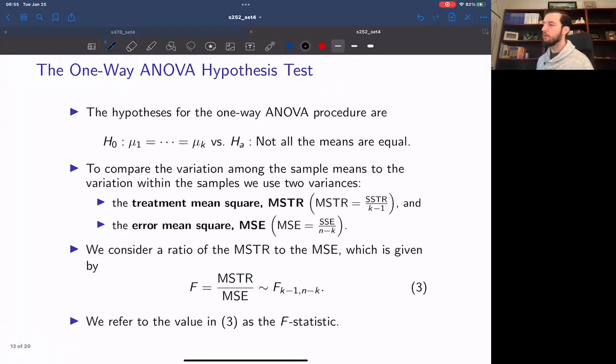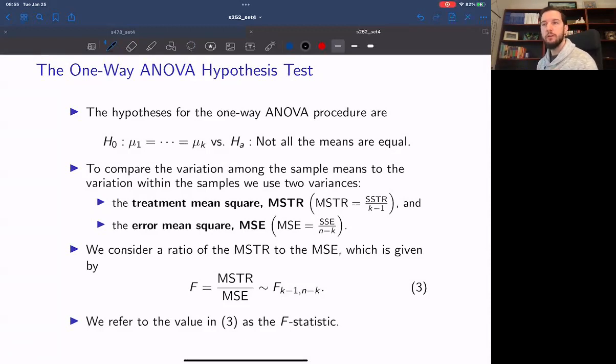Okay, so we're going to look at the setup for the hypothesis test now. The one-way ANOVA asks, is there evidence of a difference among the population means? What's nice about a one-way ANOVA is that our null and alternative hypotheses are always going to have the exact same structure.